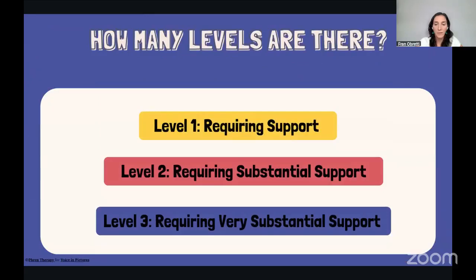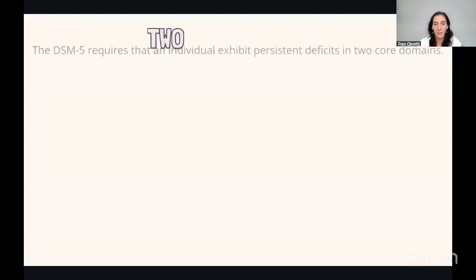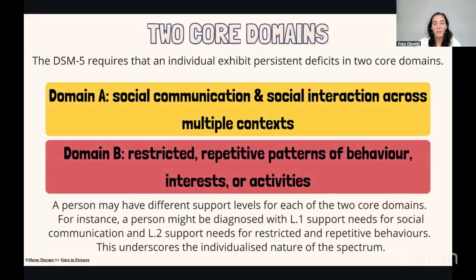So as we said before, we have three levels. Level 1 requiring support, level 2 requiring substantial support, and level 3 requiring very substantial support. Now we need to specify that we have three levels of autism, but also two core domains in the DSM-5.